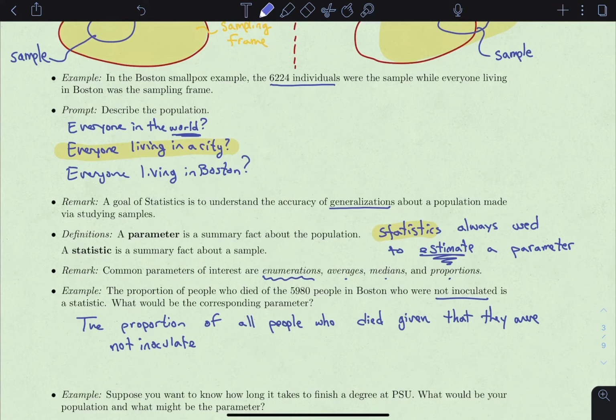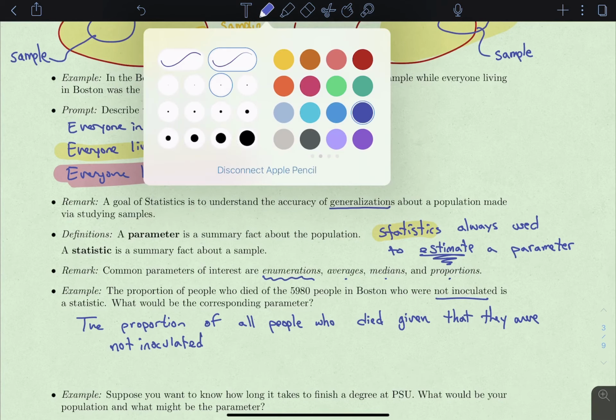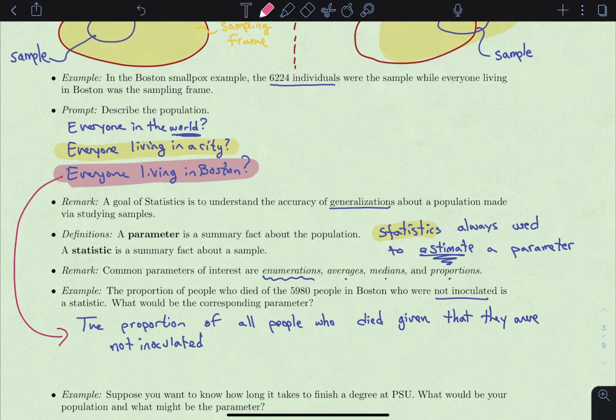So there were more than 5,980 people in Boston who were not inoculated. So we're actually even, in answering this, thinking more of the population as everyone just living in Boston. And we're saying, okay, so there were more than 5,980 people who were not inoculated in Boston. What is the proportion of those people who died? Because we only know about the 5,980 people that we kept track of.